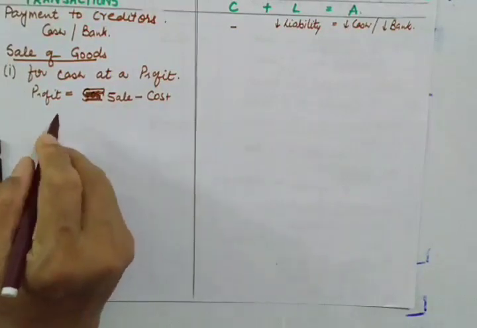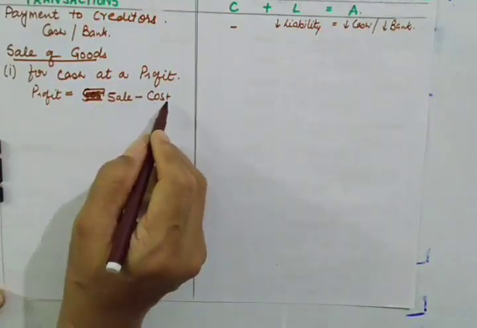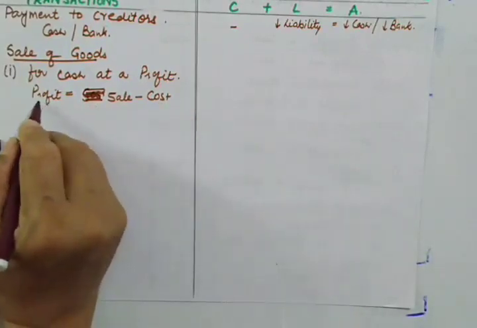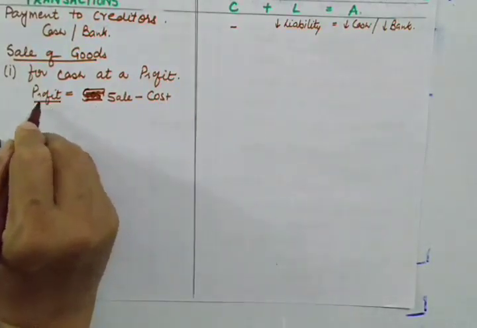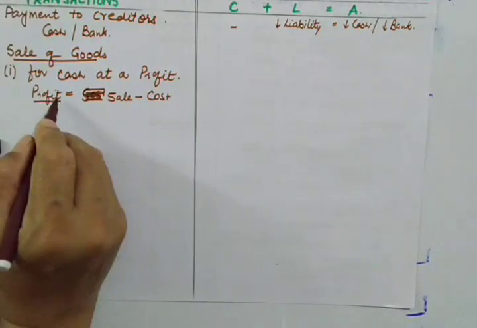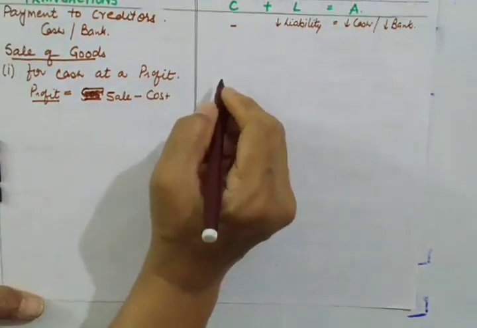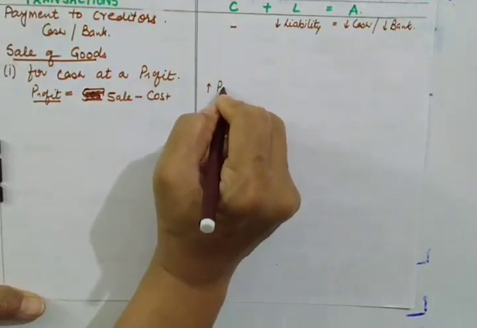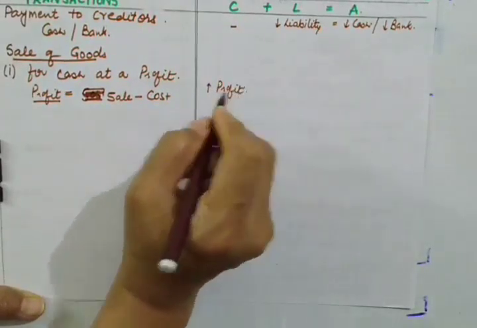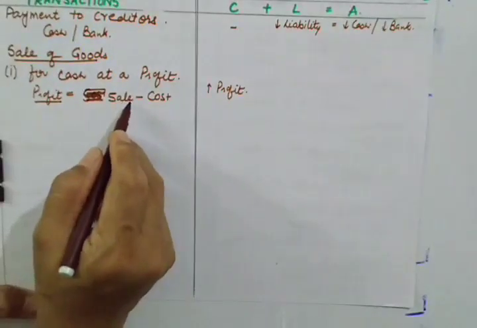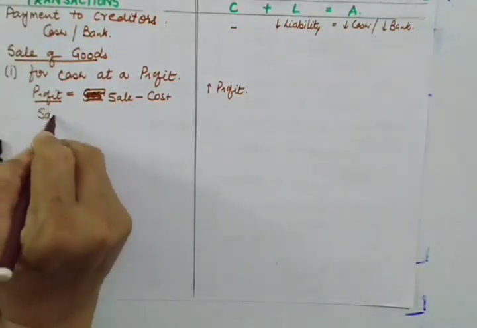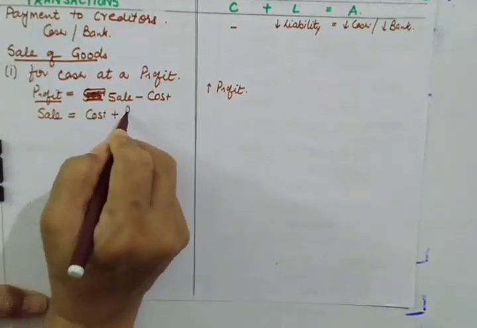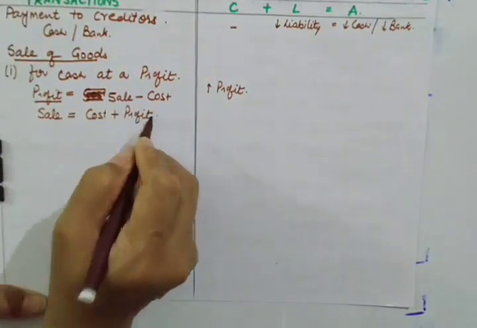In this case, the firm is earning a profit, and who will be taking this profit? Profit will go to the owner. So your capital will increase with the profit portion, because your sale includes two things. If I write this equation, sale is equal to cost plus profit.